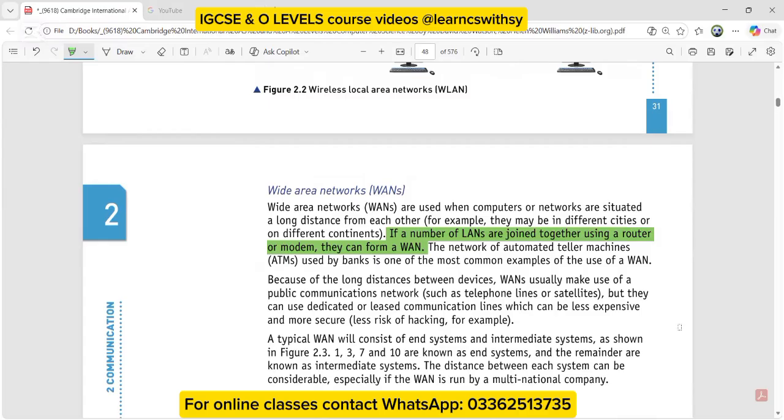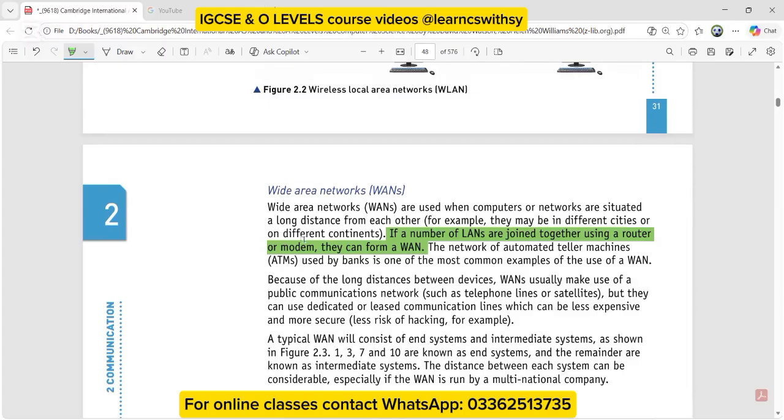A network of automated teller machines, or ATMs, used by banks is one of the most common examples of the use of a WAN. They have given you a very simple example, the ATMs which we see quite often everywhere. ATMs are connected to the main server, the main computer system, and they may be positioned at different locations, forming a WAN. What do WANs mainly make use of?